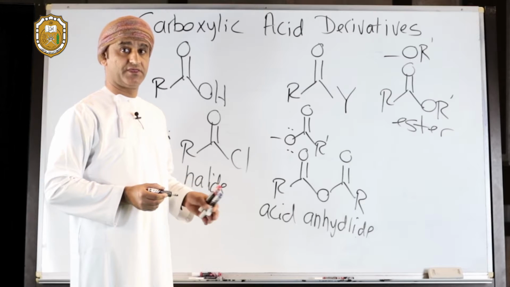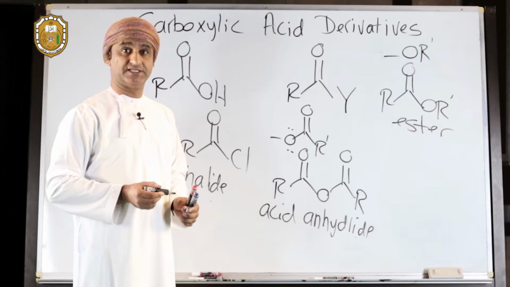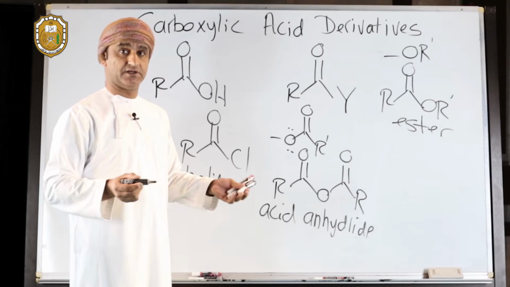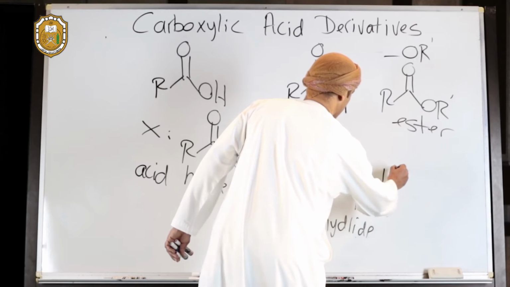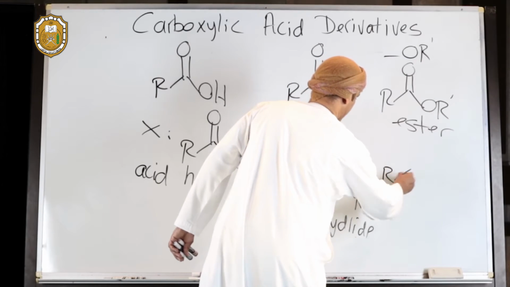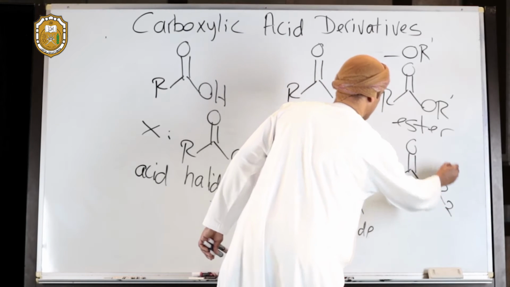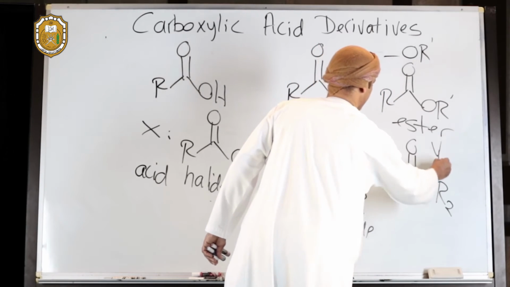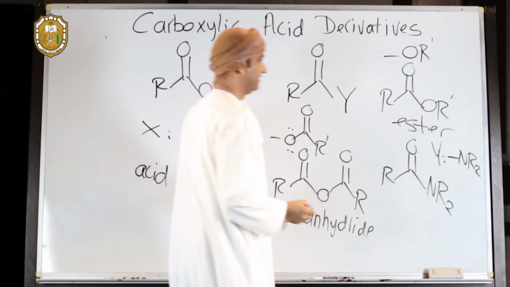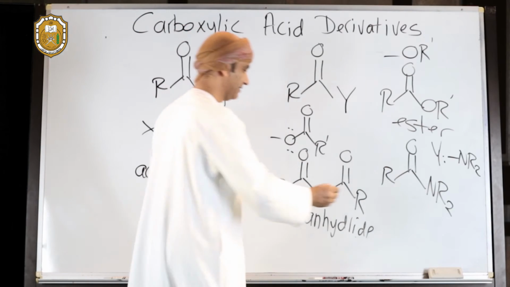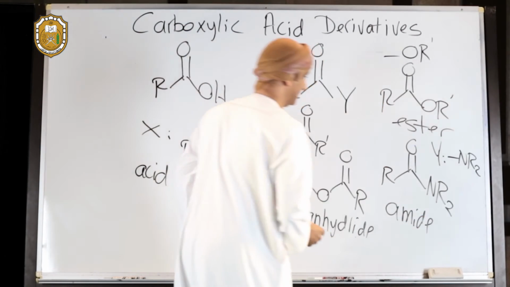We can add to this thioesters, obviously, if we have SR instead of OR, but these are similar in a way. We can continue to have amides now. Let's say NR2, and that's obviously if Y is NR2. If Y is an amine, then the carboxylic acid derivative is an amide.